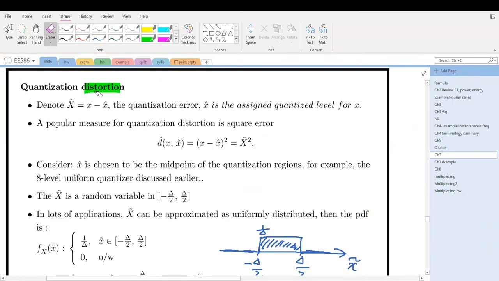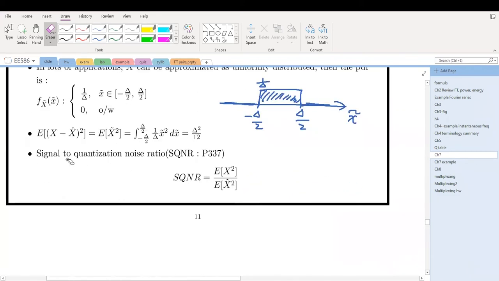To measure the quantization distortion, we define the signal to quantization noise ratio as SQNR. Here the terminology noise does not refer to thermal noise, it only refers to the quantization error. So SQNR is the ratio of the expectation of signal squared and the expectation of the error squared.